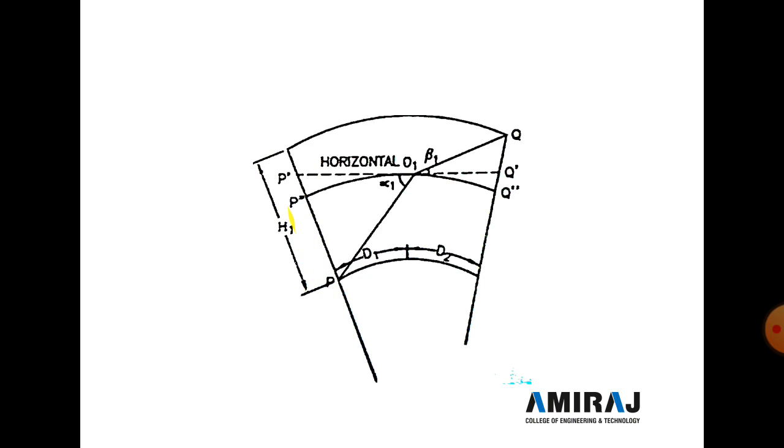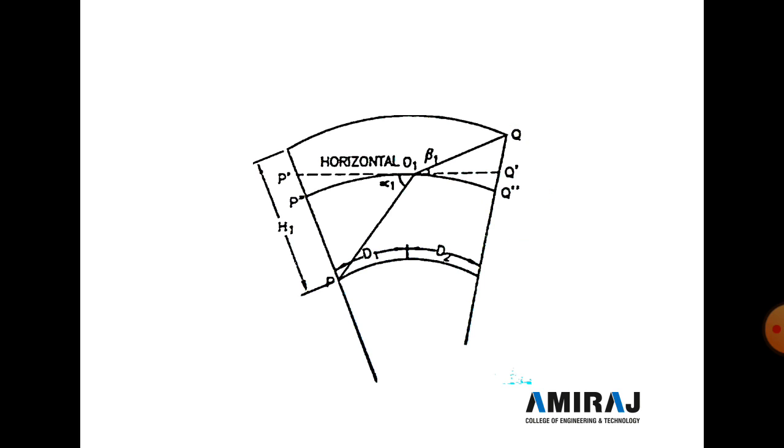P double dash is the height difference from the horizontal line of sight at the instrument to station P, and similarly from the right side direction, the difference of height from the horizontal line of sight at the instrument to the top is Q dash plus Q dash Q double dash. So this is the summation of both the points.